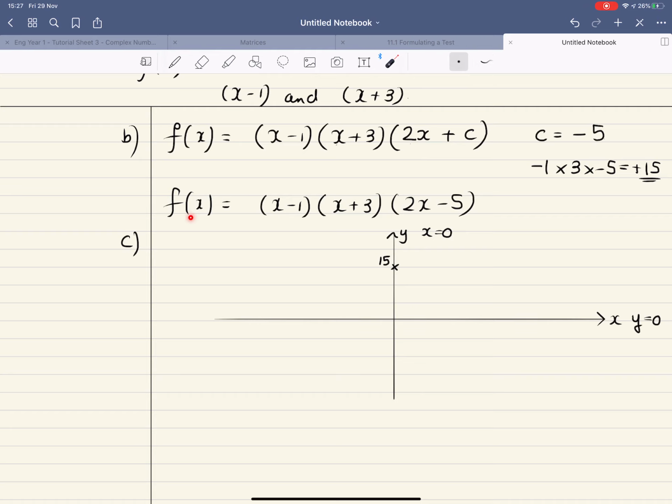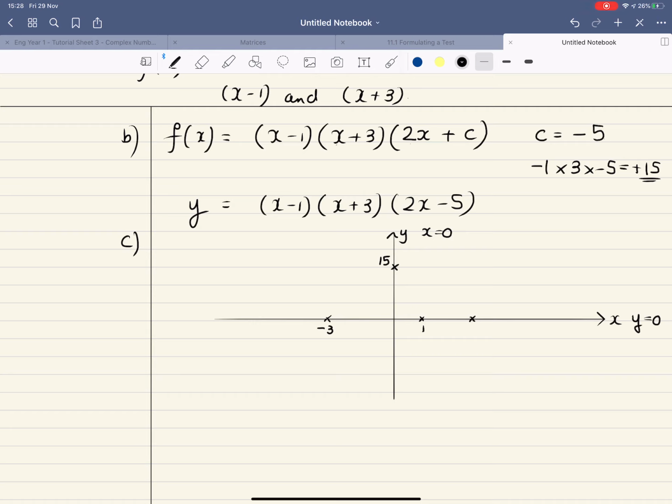To make the y 0, which is the f of x, if you like, the values of x which make it naught are 1, from there, plus 1, minus 3, and then this one here, 2.5, because 2 times 2.5 minus 5 is naught.